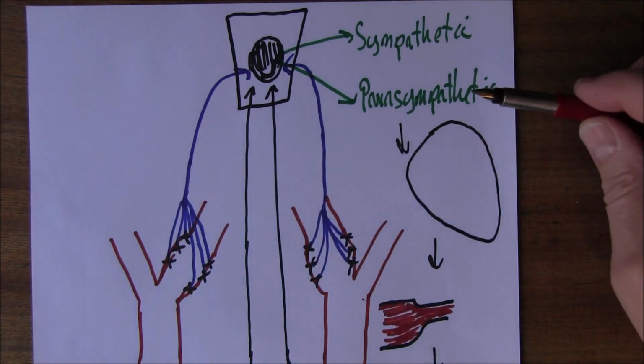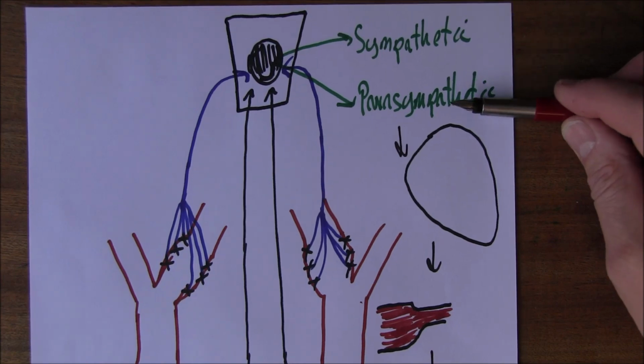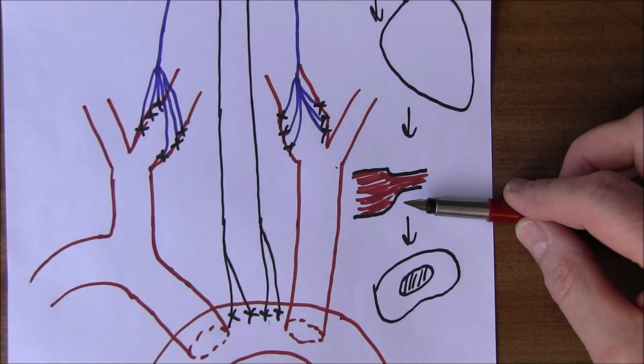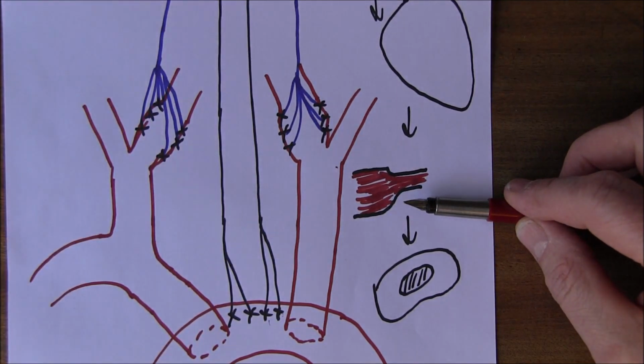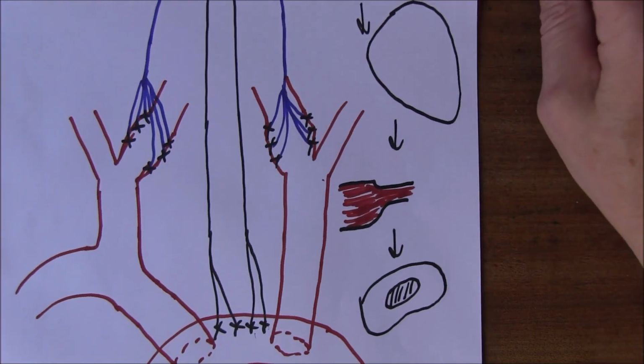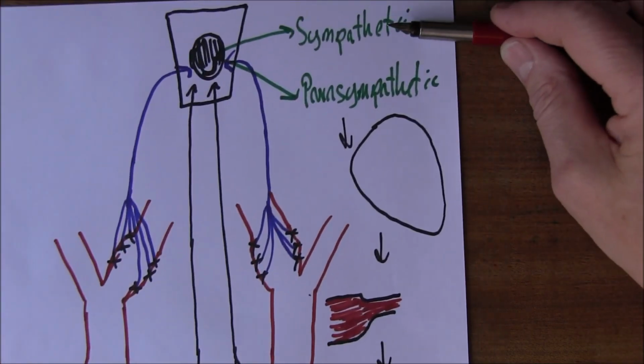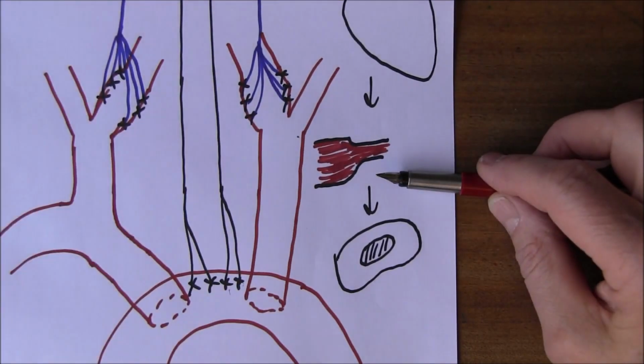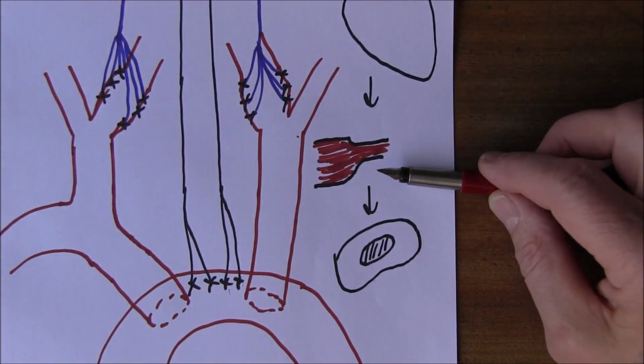Now, the increase in parasympathetic activity is not going to cause vasodilation to lower systemic vascular resistance. It's not. But if there's a reduction in the sympathetic outflow, that will allow for vasodilation.